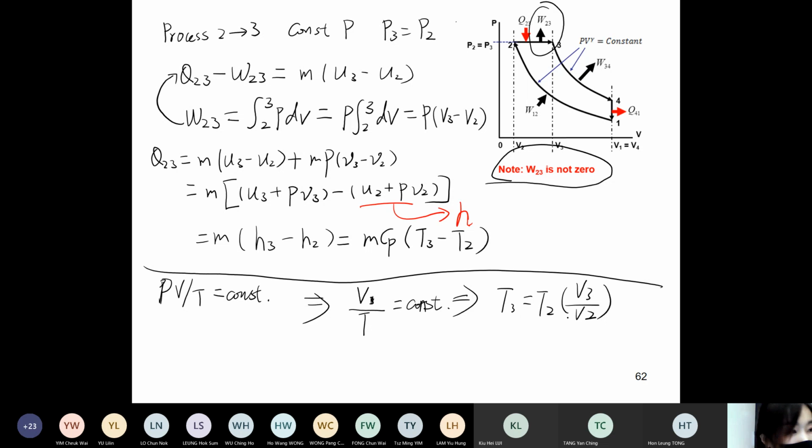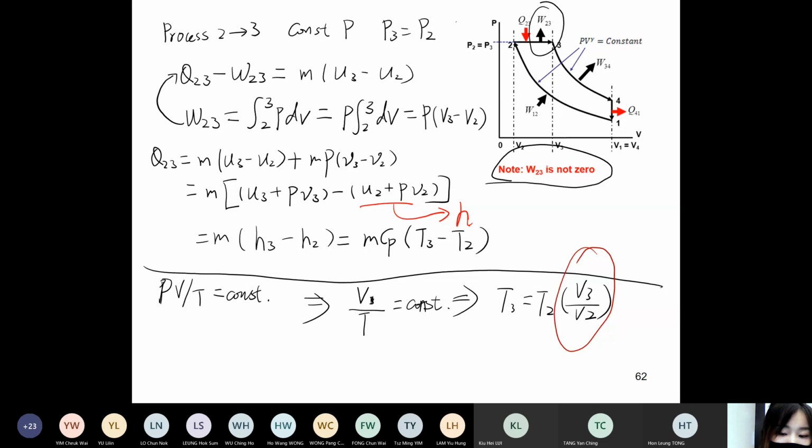At this point, any problems? No problem, okay? Actually, these are the contents in chapter 1. If you don't remember them, go back and review chapter 1. Here we have another important definition. Again, we have a volume ratio.